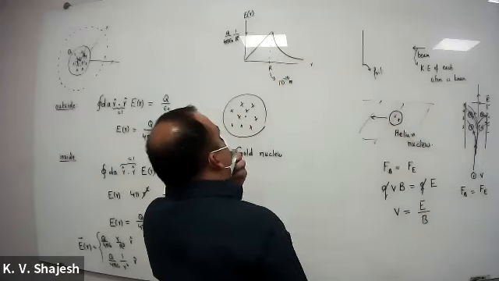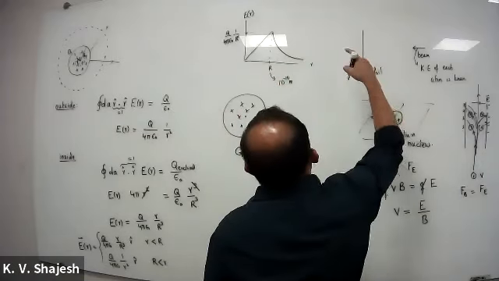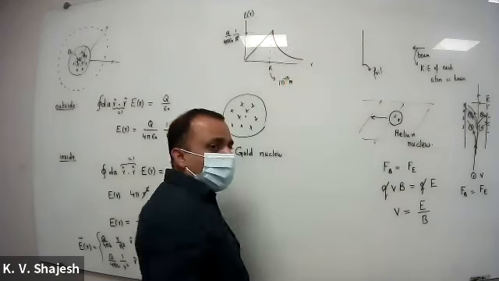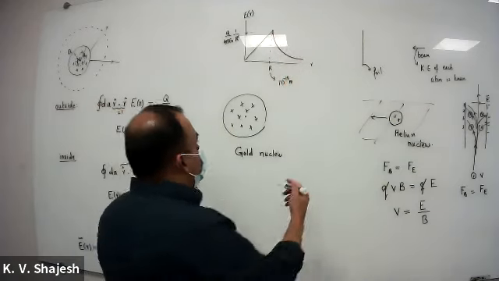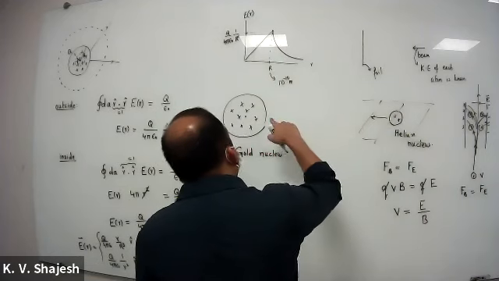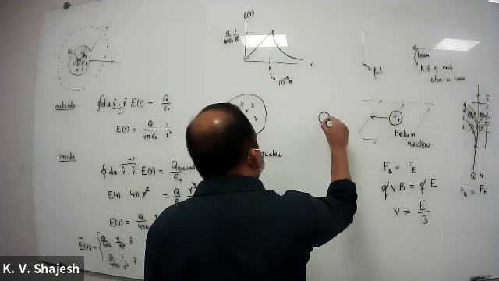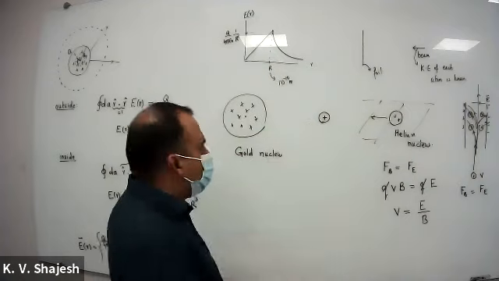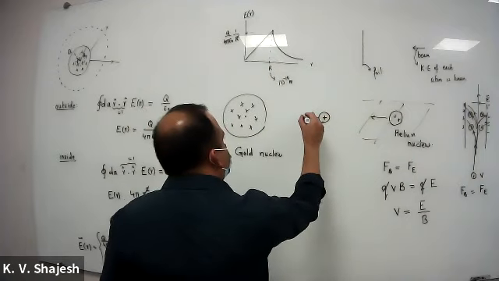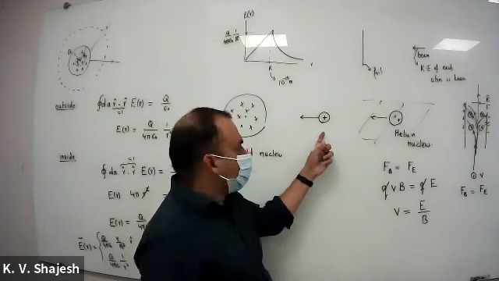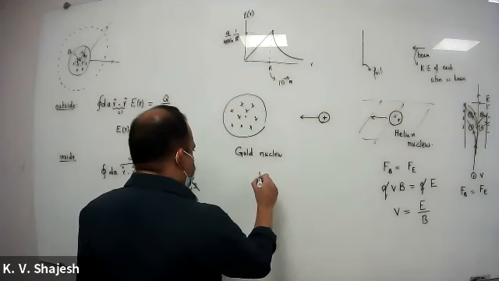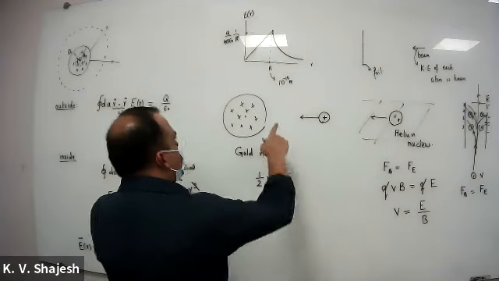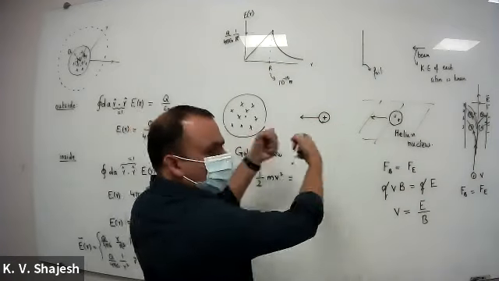Now you have a kinetic energy coming in, so the kinetic energy is fixed. With a given kinetic energy, how far can you get to a positive charge? This is a positive charge, and they don't like to be close to each other. How far can this reach? If you have lots of kinetic energy, that is half mv squared, the maximum it can reach is when the potential is repelling each other.